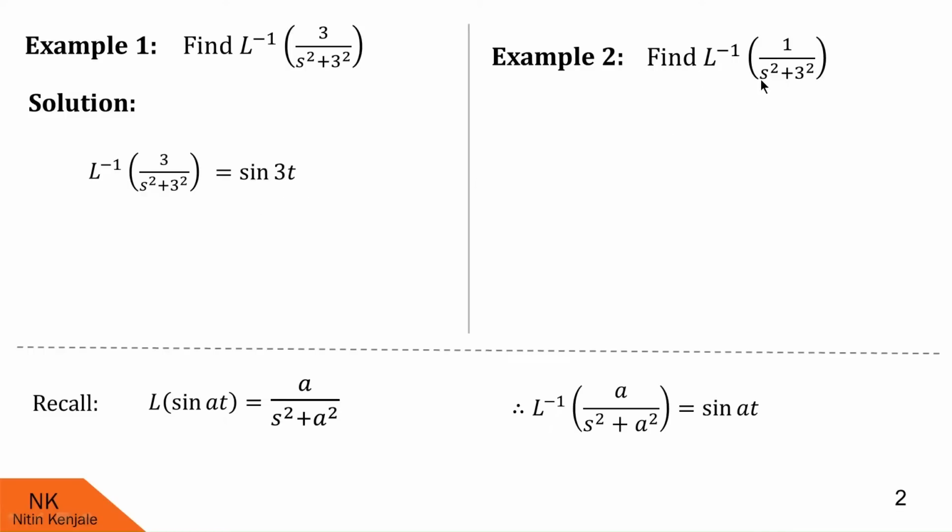For that, we have to first bring 3 over here in the numerator. To do so, I will multiply and divide this function by 3. So L inverse of 1 upon s square plus 3 square can be seen as 1 by 3 into L inverse of 3 upon s square plus 3 square, which is equal to 1 by 3 into sine 3t. I hope you guys understood this answer. Now let us proceed for next example.